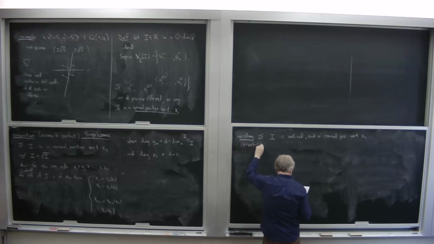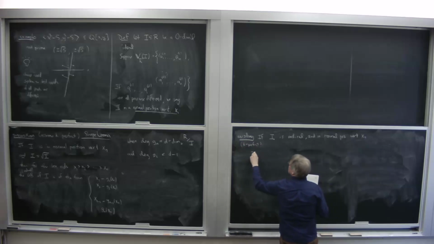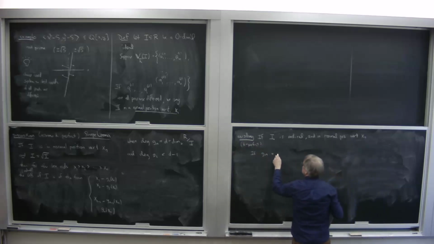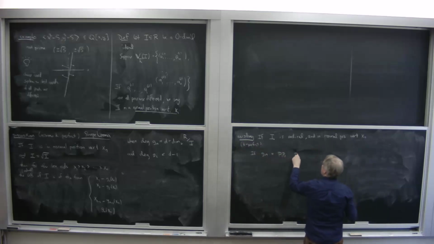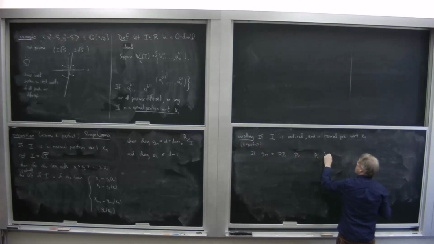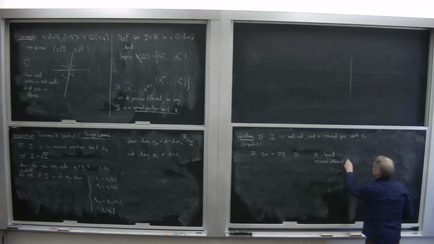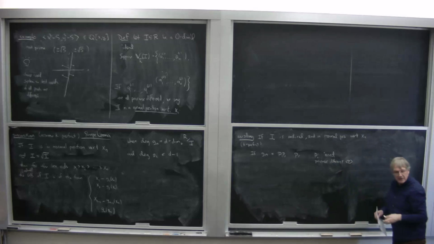So if G sub n, that polynomial down there, is equal to, well, it's going to be square free since this is radical, P1 times P2 dot dot dot PR, and the P sub i are irreducible and pairwise coprime, basically pairwise different ideals.